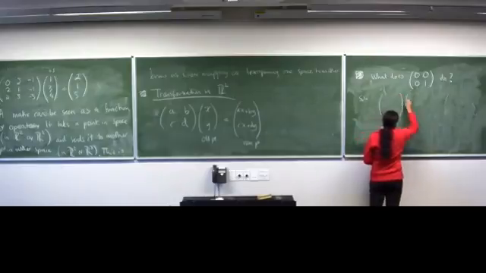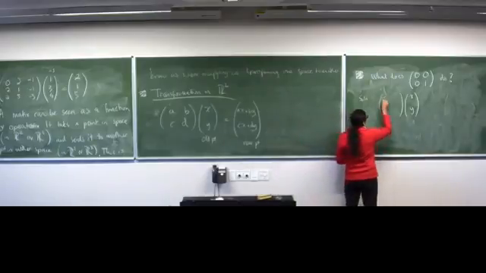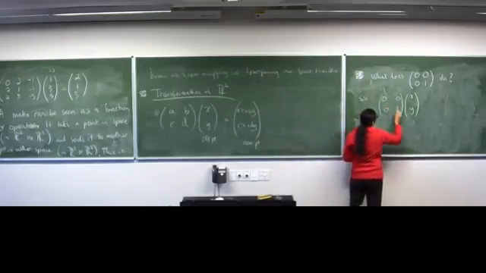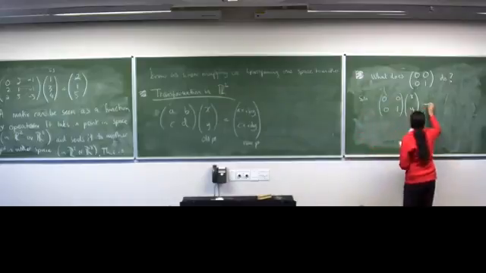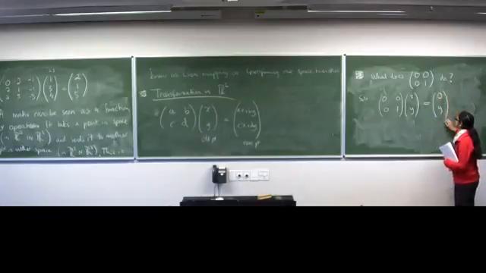So we've got a general point in 2D, and we apply this matrix, and what do we get? 0 and y.